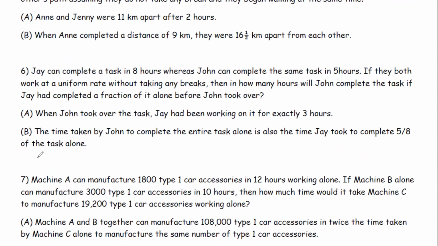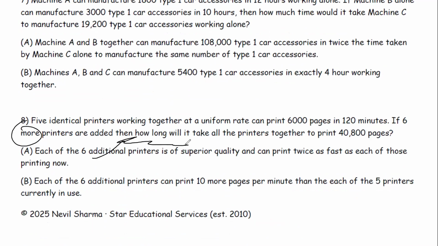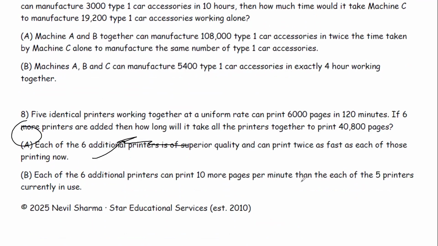If the time taken by John, something like this in this B statement, I will correct the statement and update this worksheet. Consider only A to be answering the question. And out here, I'll be correcting 10 more pages per minute than each of the 5 printers. So this will go away, and that's it.